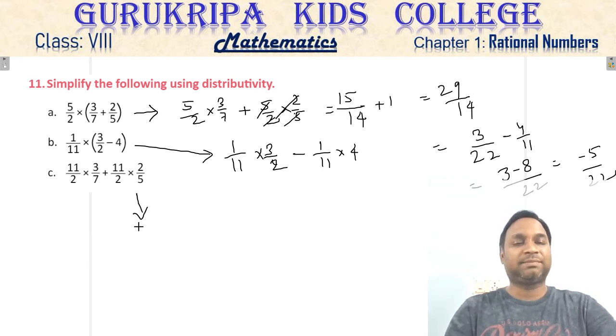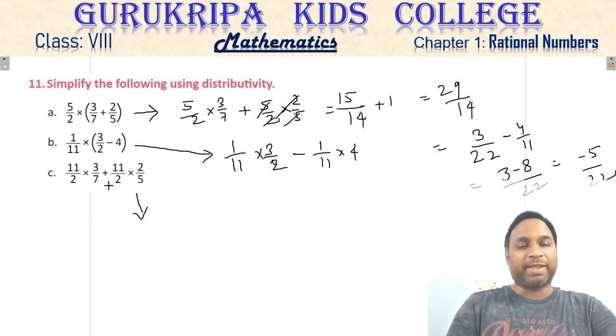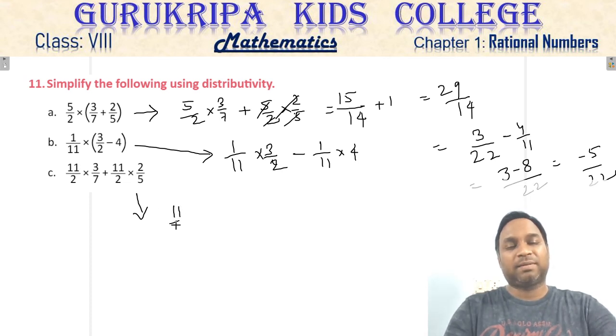And this one, you have to use distributivity. So for that case, you will have to take 11 by 2 common. And then you will get in bracket 3 by 7 plus 2 by 5.